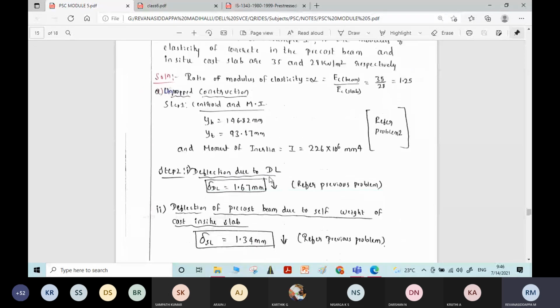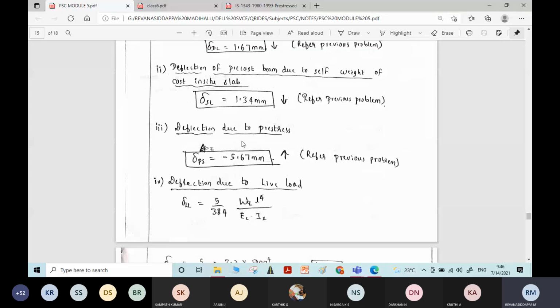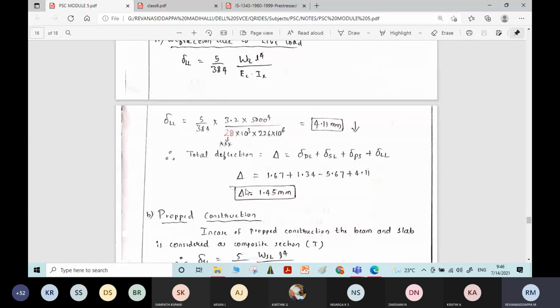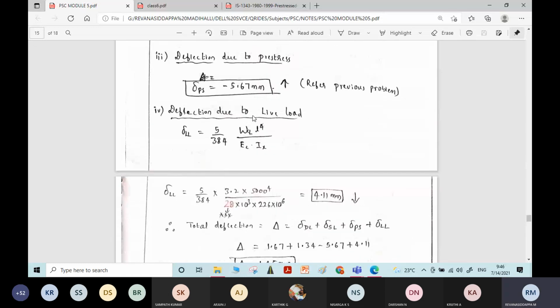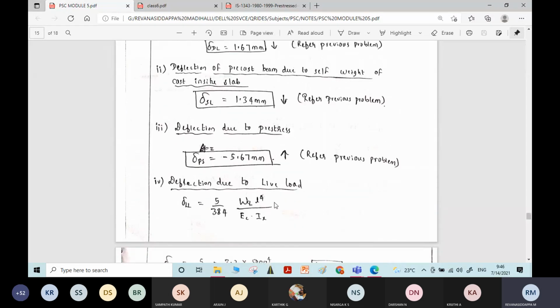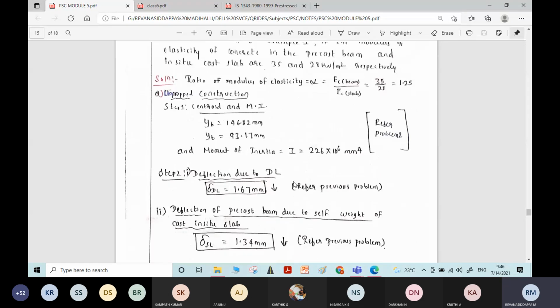The deflection due to the prestress is also the same. These three steps are the same, only there is a difference in calculating deflection due to live load. That difference is, while substituting Young's modulus, you need to substitute Young's modulus of the slab.